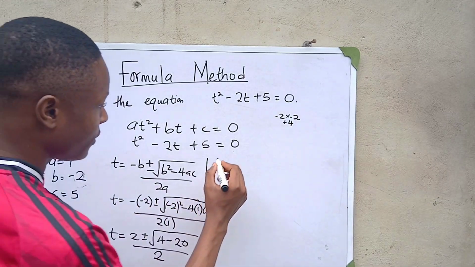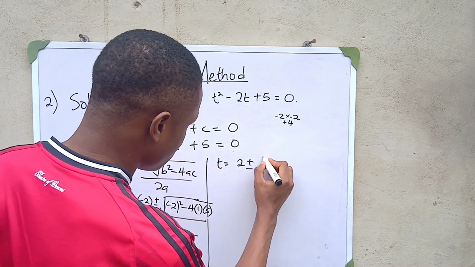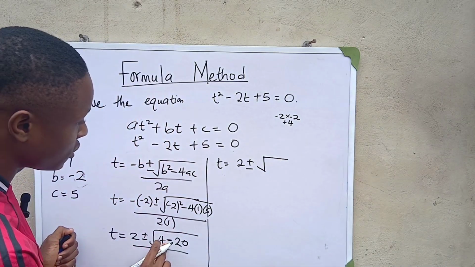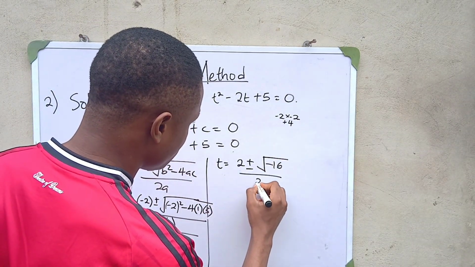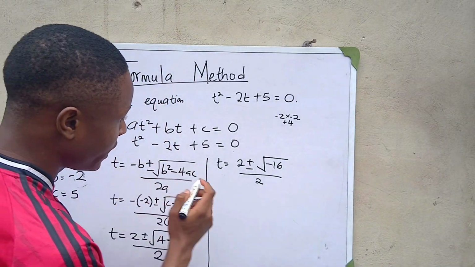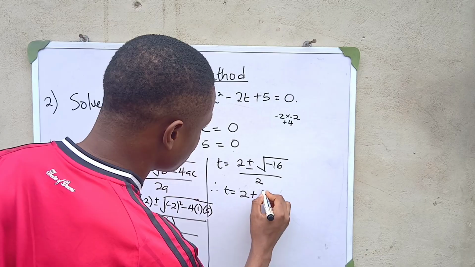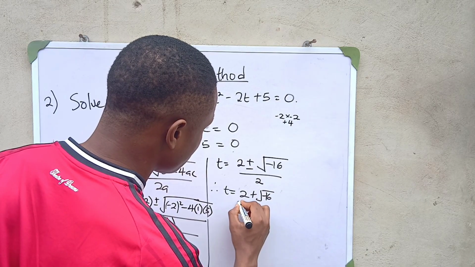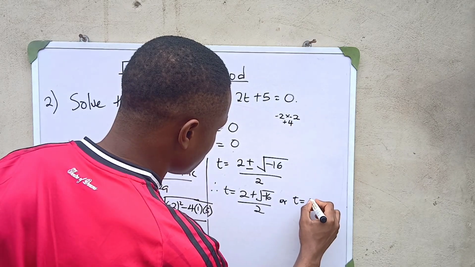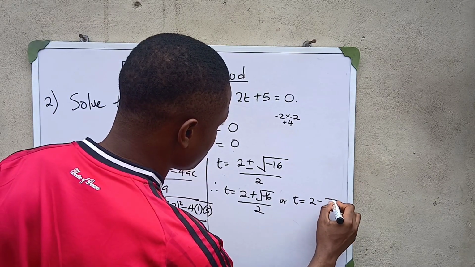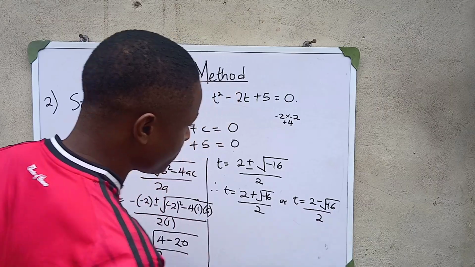So therefore, t is equal to 2 plus or minus square root of 4 minus 20 is minus 16 all over 2. So therefore, t is equal to 2 plus square root of minus 16 over 2, or t is equal to 2 minus square root of minus 16 over 2.